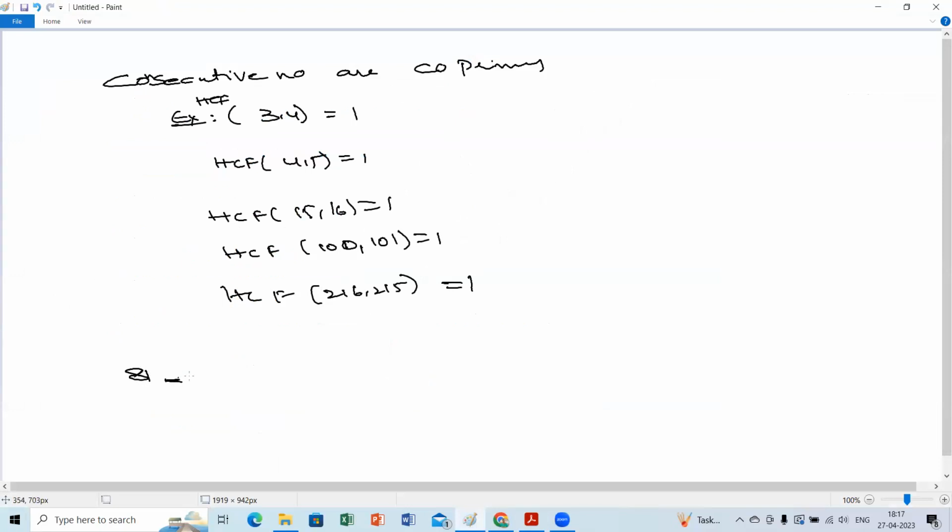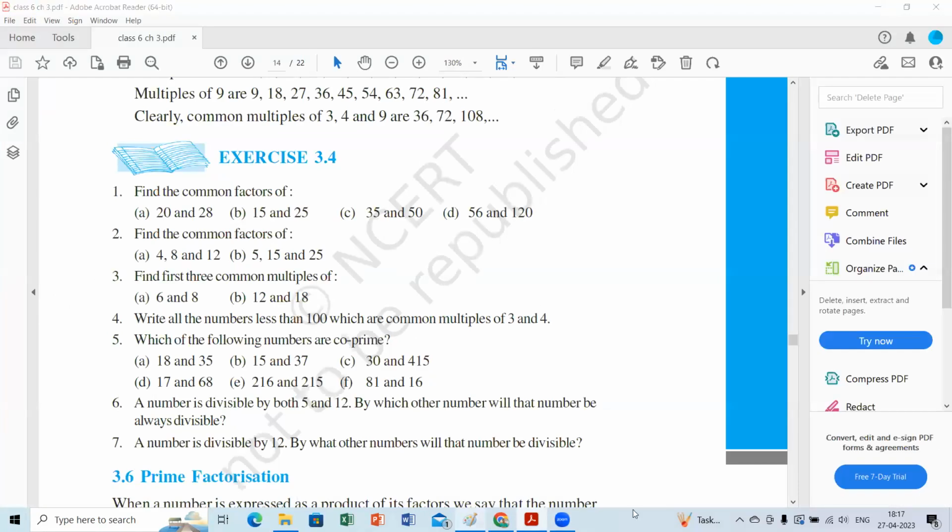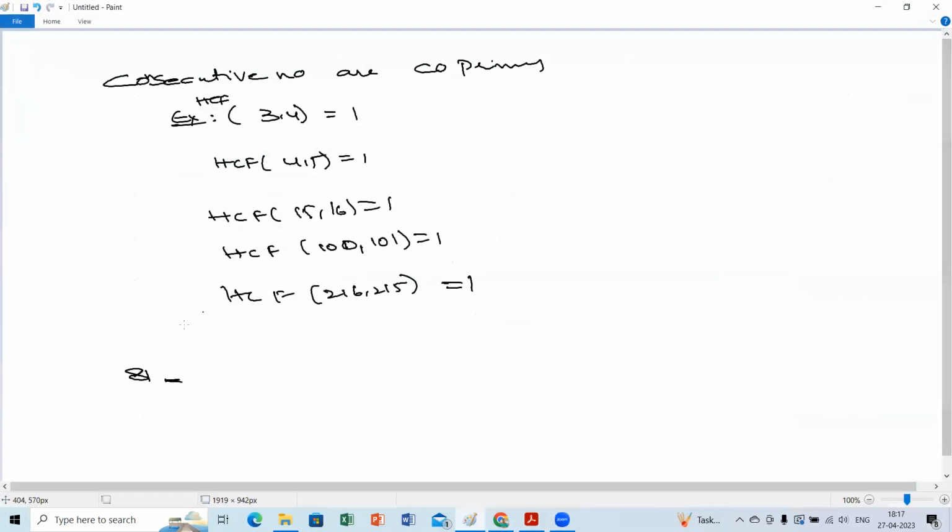Reason: 81 comes in the 3 table and 16 comes in the 8 table. Okay, that's okay. My question is, are these two numbers co-primes or not?